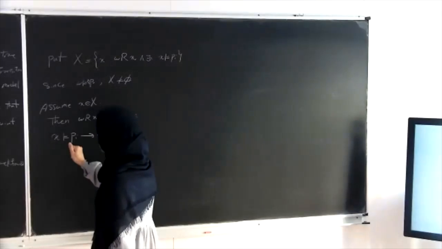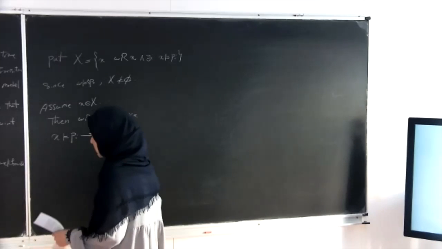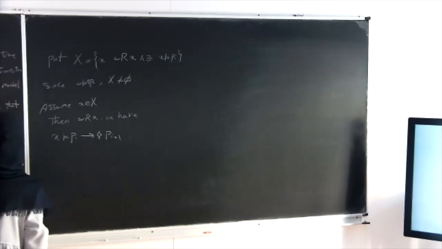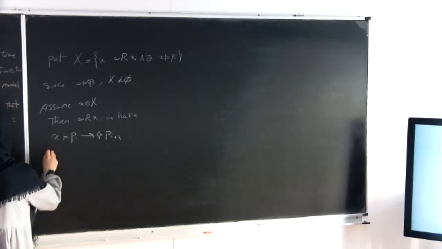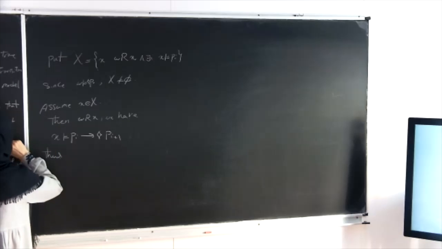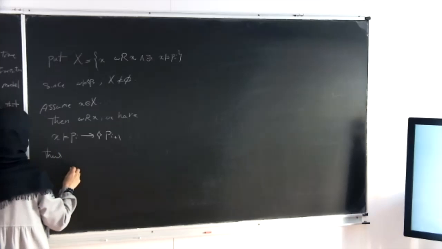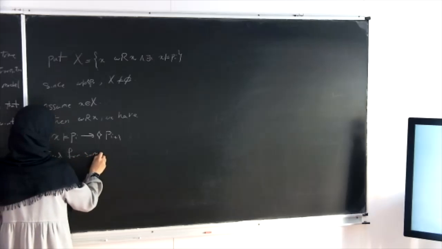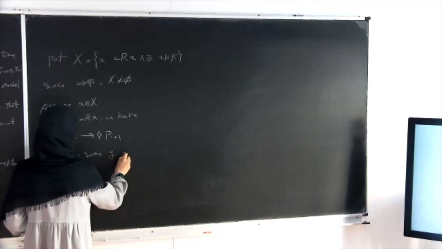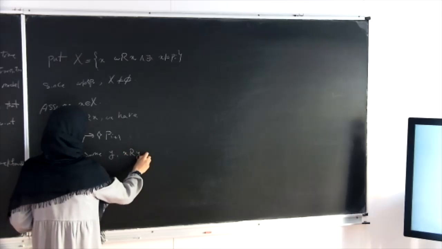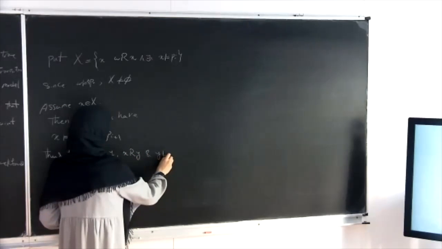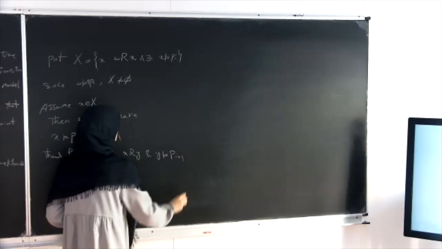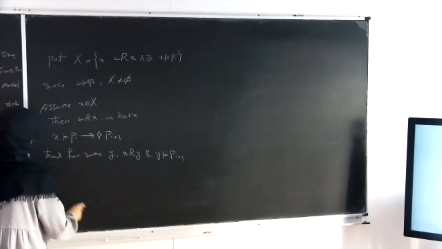So in x, we have Pi, then diamond of Pi plus 1. Thus, for some y, we have xRy, and y satisfies Pi plus 1.